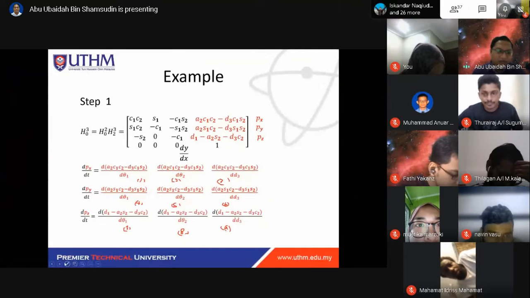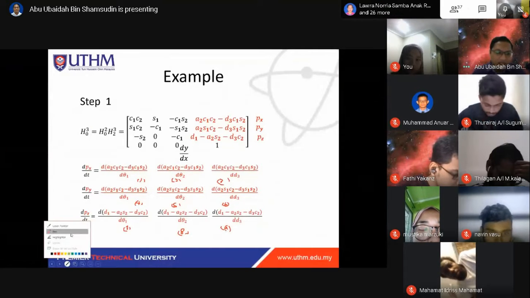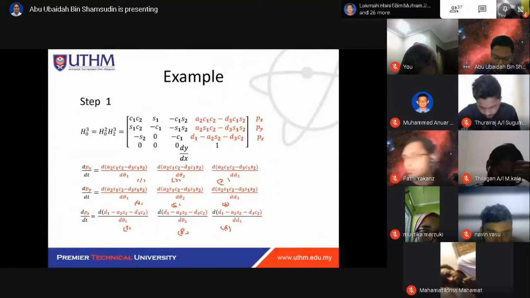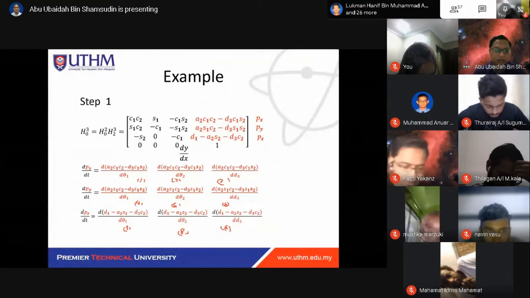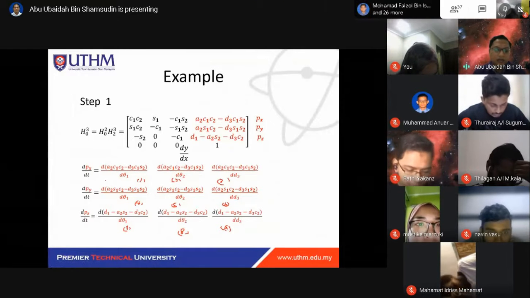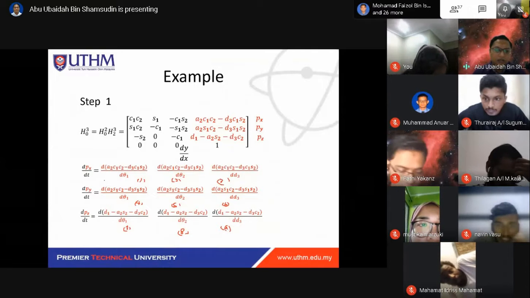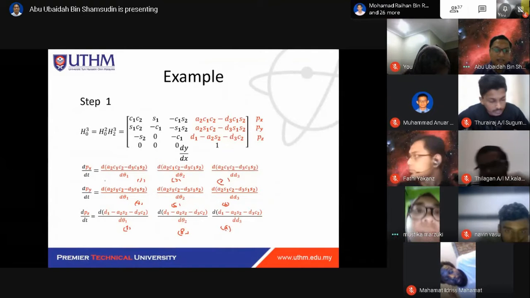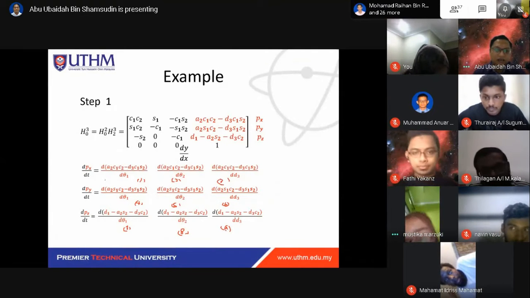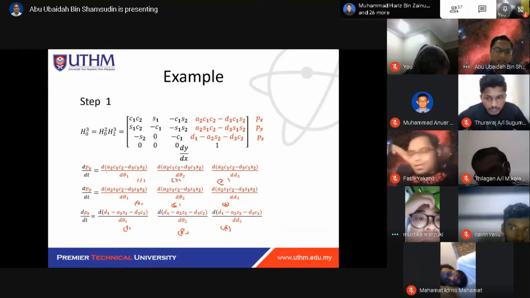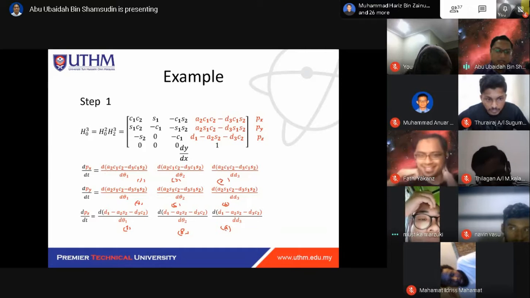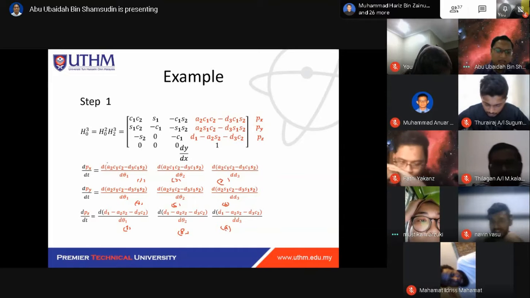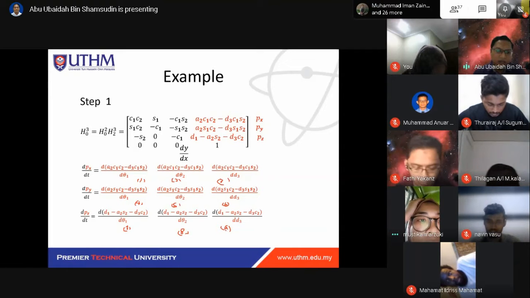So okay, number 1, this part here. Siapa tadi number 1? Saya. Okay. What is the answer? So first we differentiate this one. What will happen if we differentiate A2 C1 C2 with theta 1?